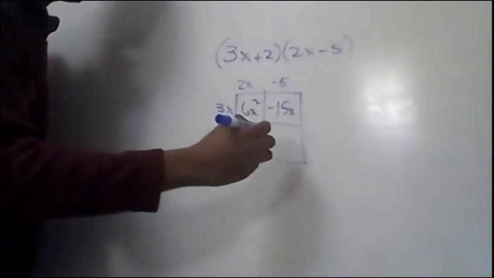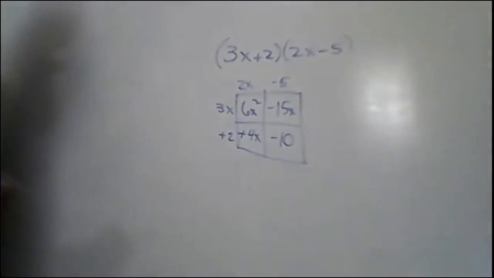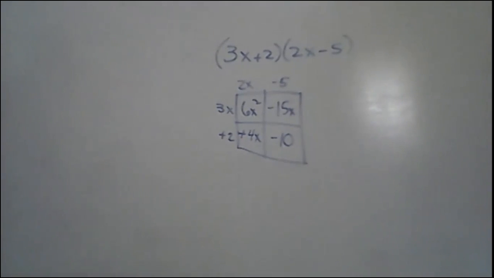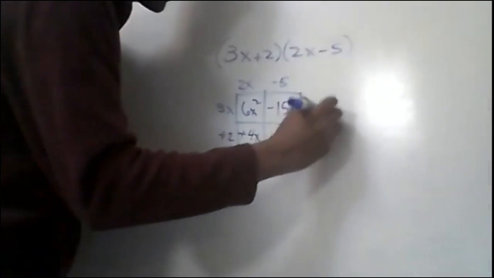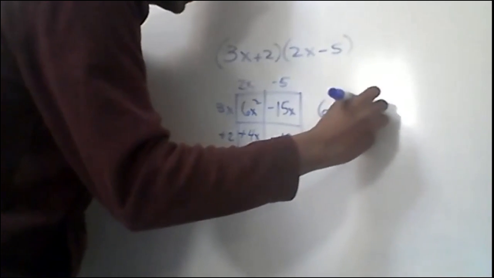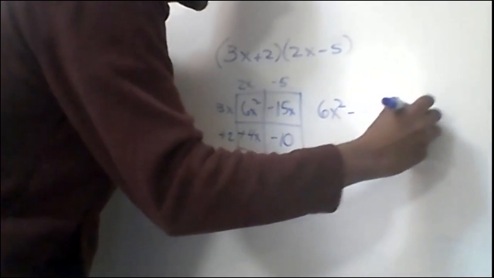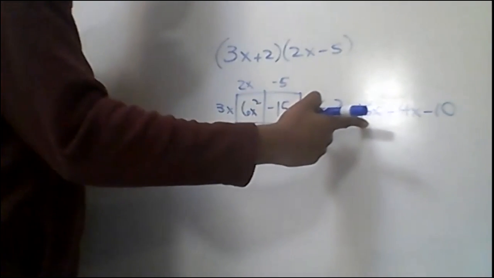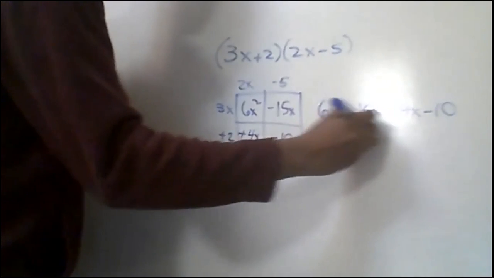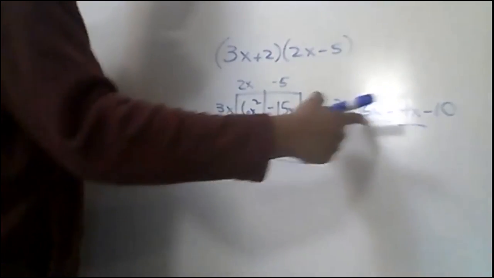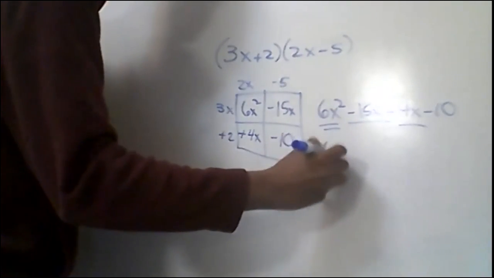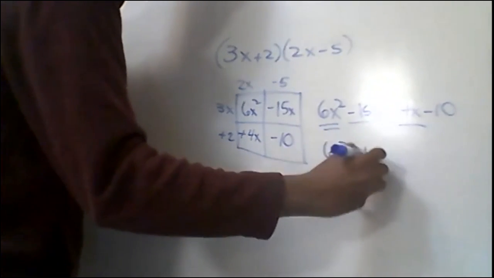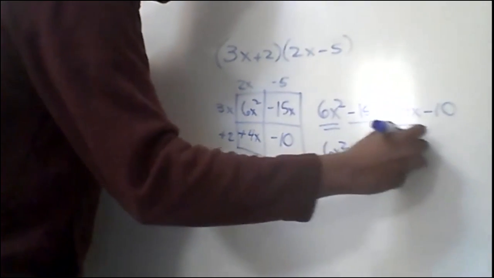Plus 2 times -5 gives me -10. All right. So then I go and I write everything out. I've got 6x squared minus 15x plus 4x minus 10. These are like terms. These are unlike terms, and so forth. Calculator, voila.